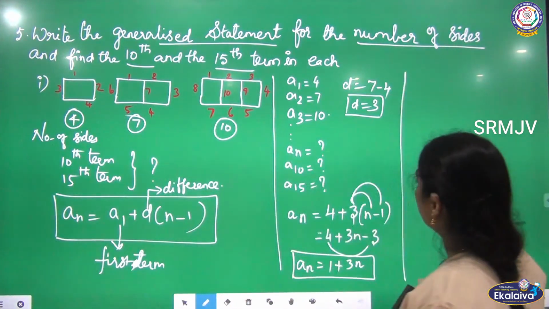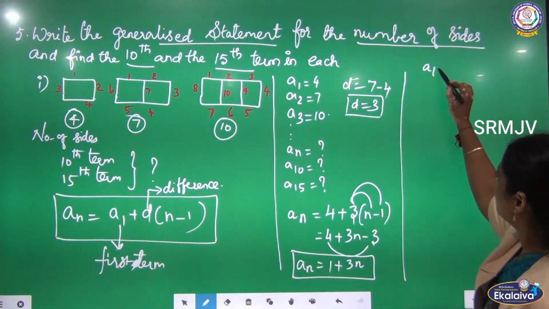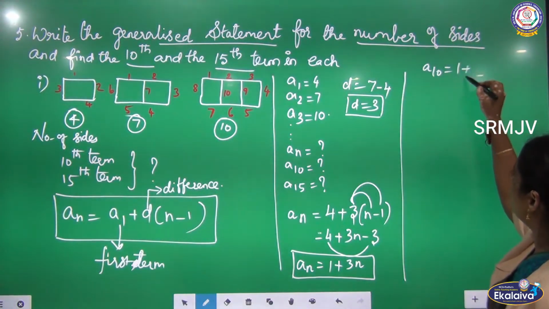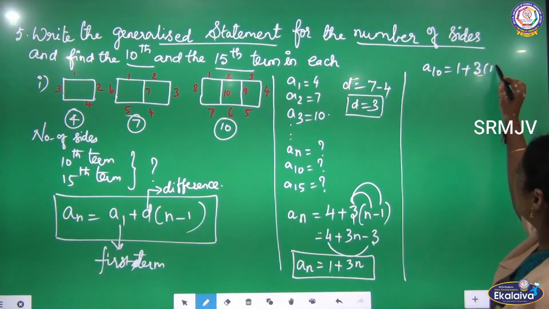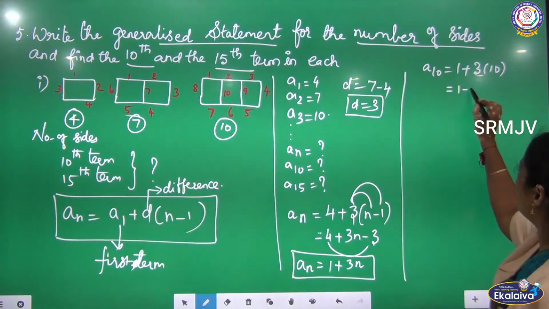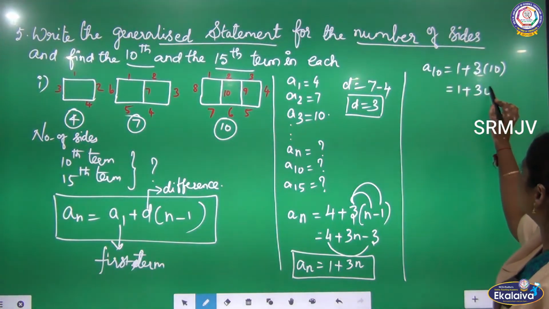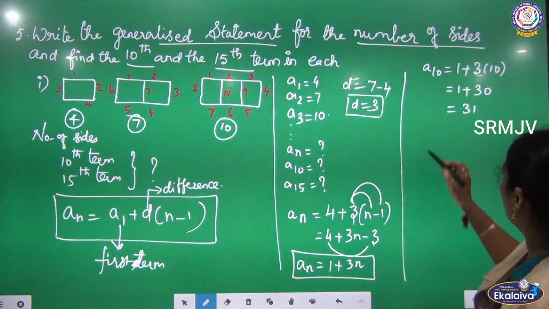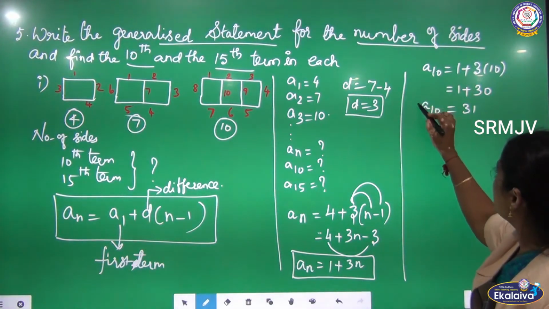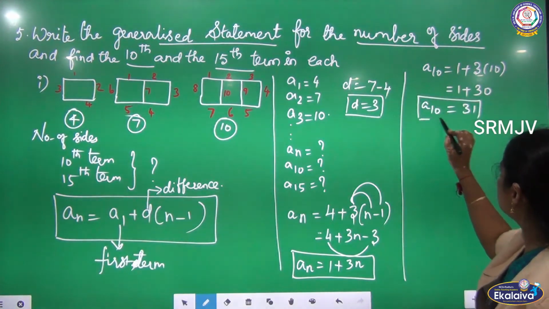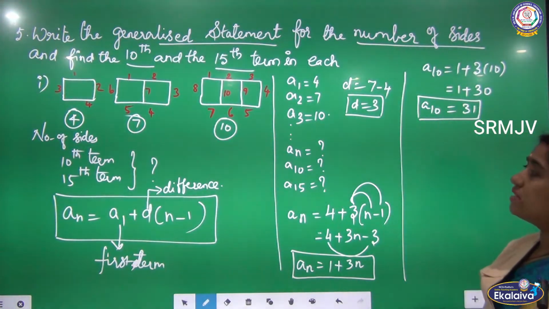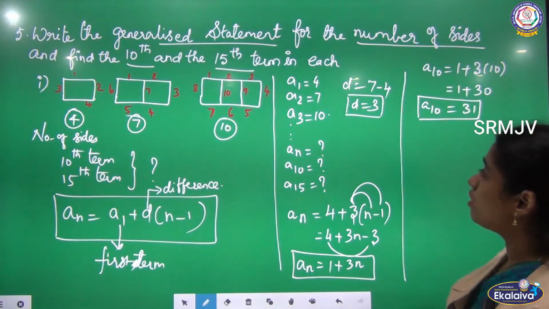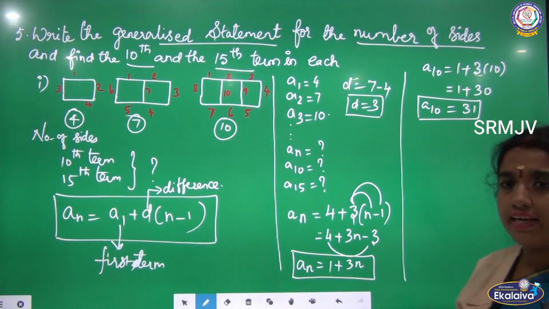Now listen, I am going to find out A10. So substitute here, instead of n I am going to substitute 10. So 3 into 10. So 1 plus 3 tens are 30. So 1 plus 30, which is what? 31. So what is your A10? A10 is 31. Suppose if 10 squares are joined together, you can get the number of sides to be what? 31.